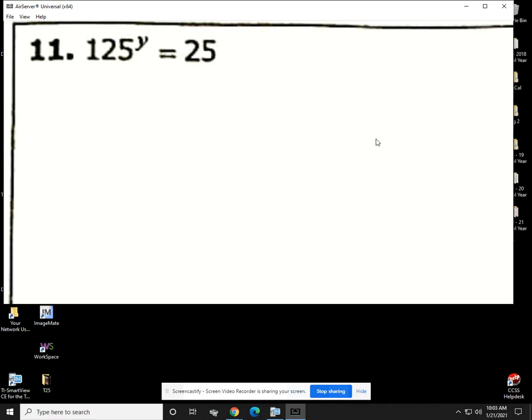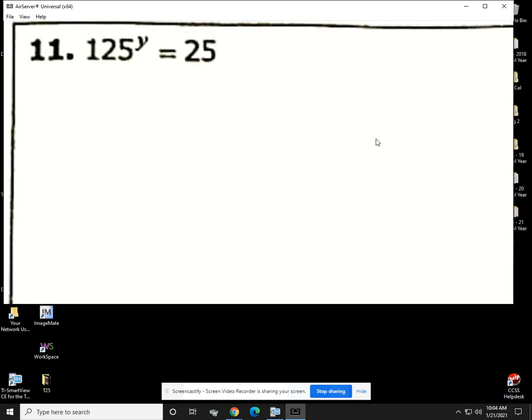My first thought with this problem is, let's make the bigger one equal the smaller base. So I'm going to try to make 125 have the same base as 25. So what's 25 times 25? 25 squared. 625.